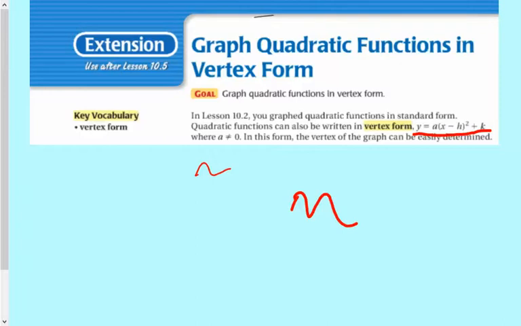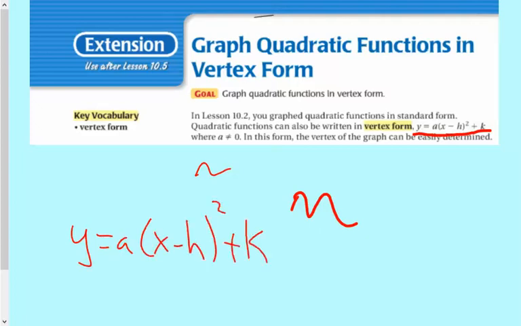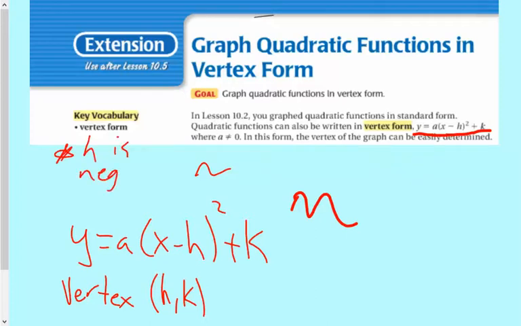So vertex form is another form, kind of like intercept form, in which we're given some information. In this case, it gives you the vertex. The vertex is the point (h, k). Note, h is negative, sort of, in the formula.